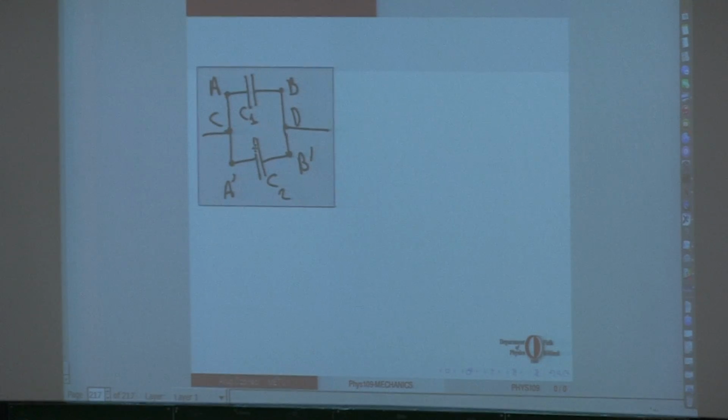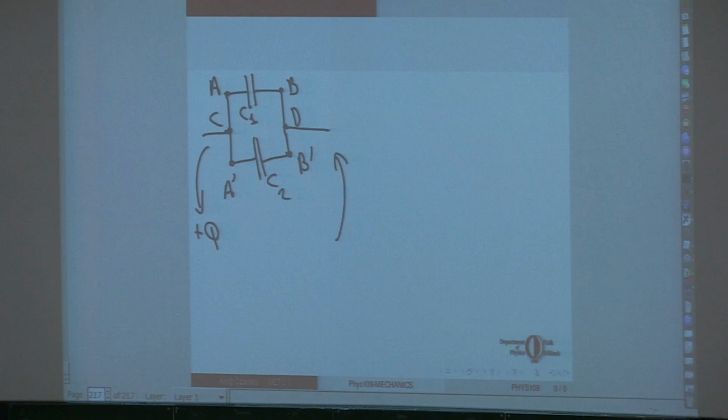This is our system. Now again, if we want to determine the capacitance of this system, what we need to do is we just move some charge from one end and dump it on the other end. So let's say we just take some charge Q from here and put it over here.